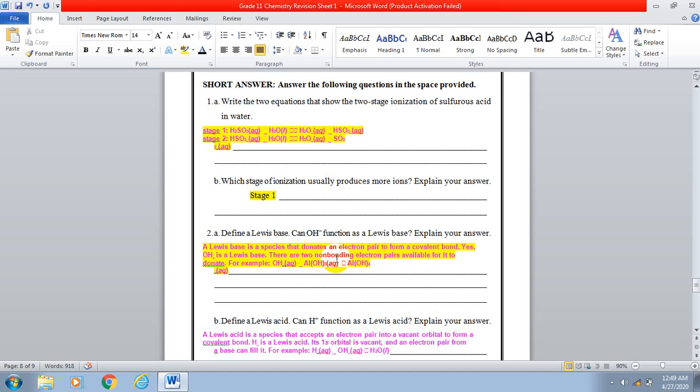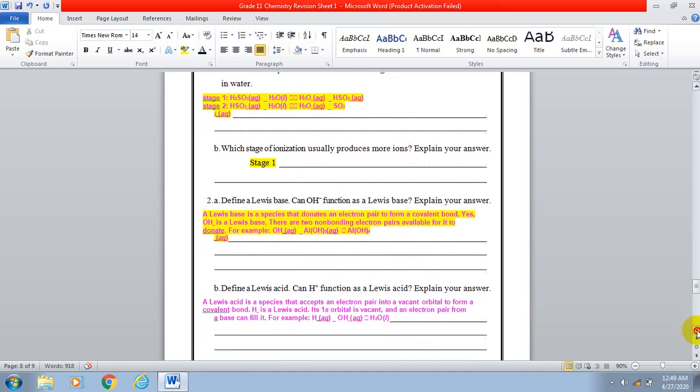There are two non-bonding electron pairs available for it to donate. For example, OH minus plus aluminium yields Al(OH)4 minus. Got the idea? So a Lewis base donates an electron pair to form a covalent bond.